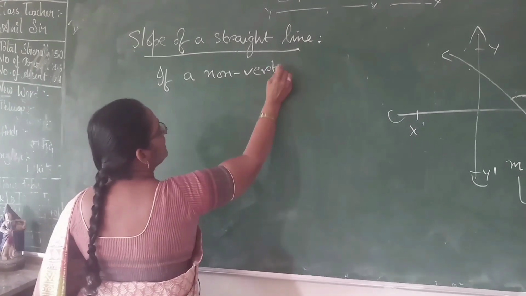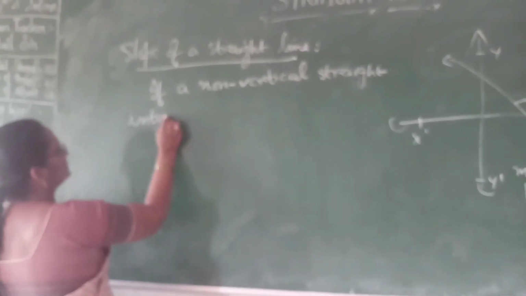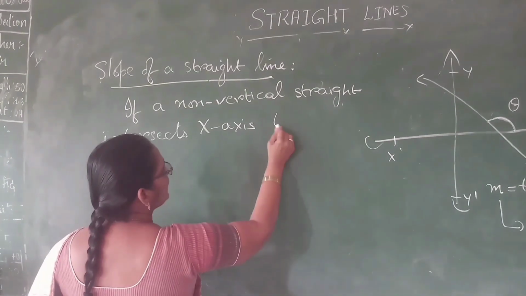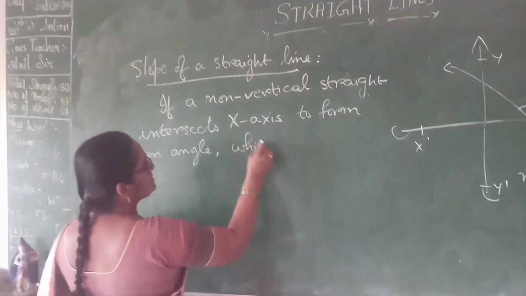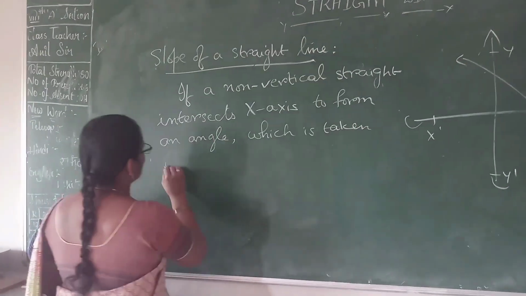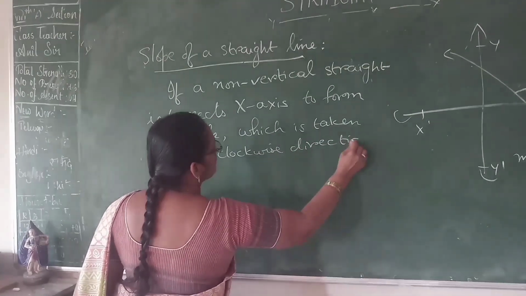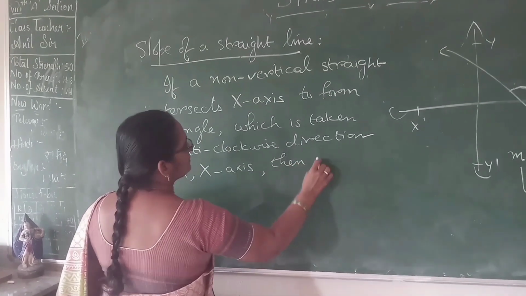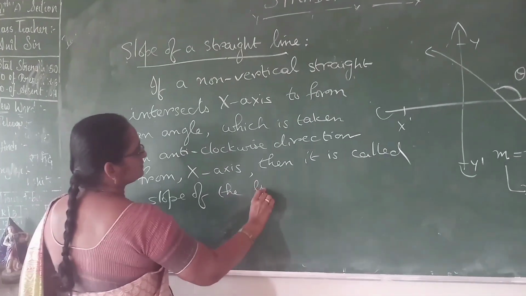So how can we define it now? If a non-vertical straight line intersects the x-axis to form an angle which is taken in the anti-clockwise direction from the x-axis, then it is called the slope of the line, that is, of the straight line.